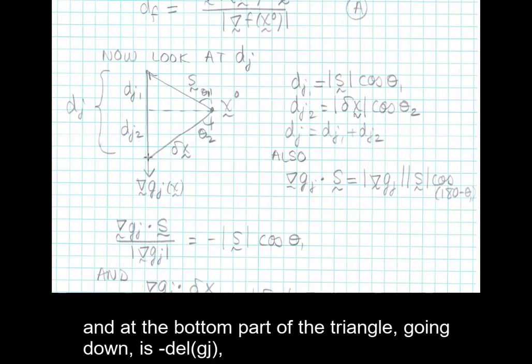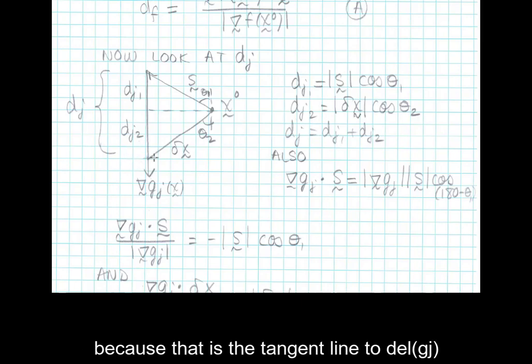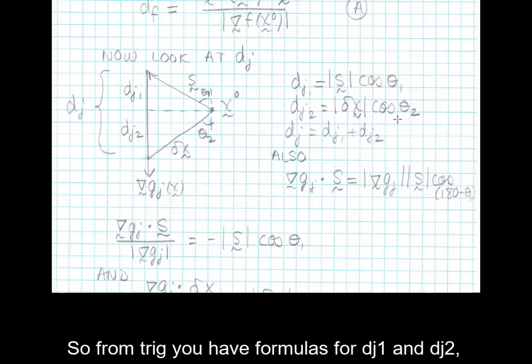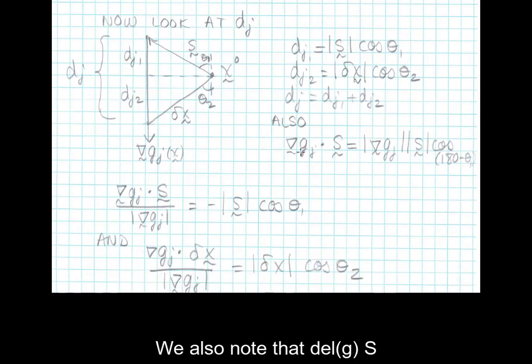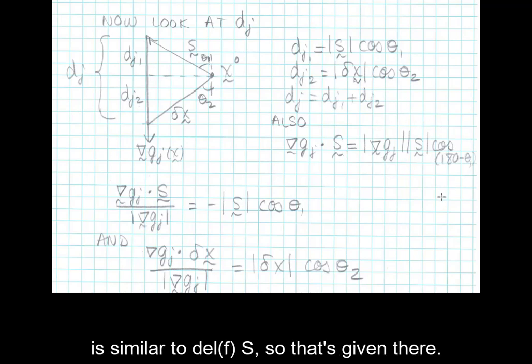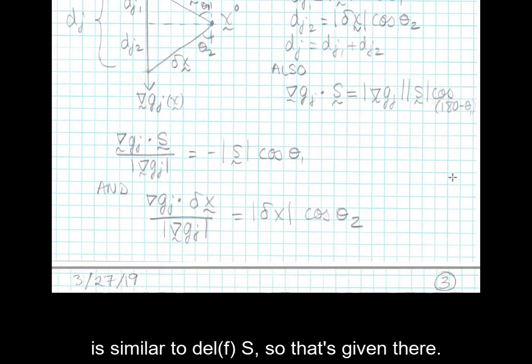At the bottom part of the triangle going down is minus del gj, because that is the tangent line to del gj. From trig, you have formulas for dj1 and dj2, and you can add those together to get the total dj. We also know that del g s is similar to del f s, so that's given there.